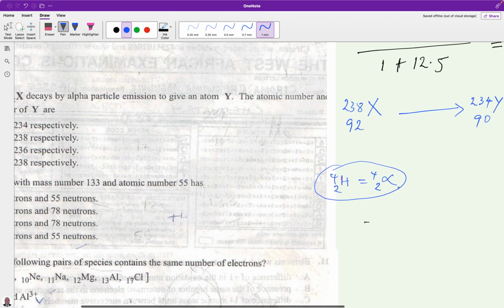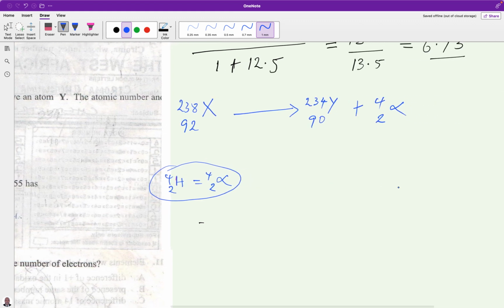If this undergoes this decay, the mass number is going to change by 4. So 238 minus 4, the alpha particle, will give 234.